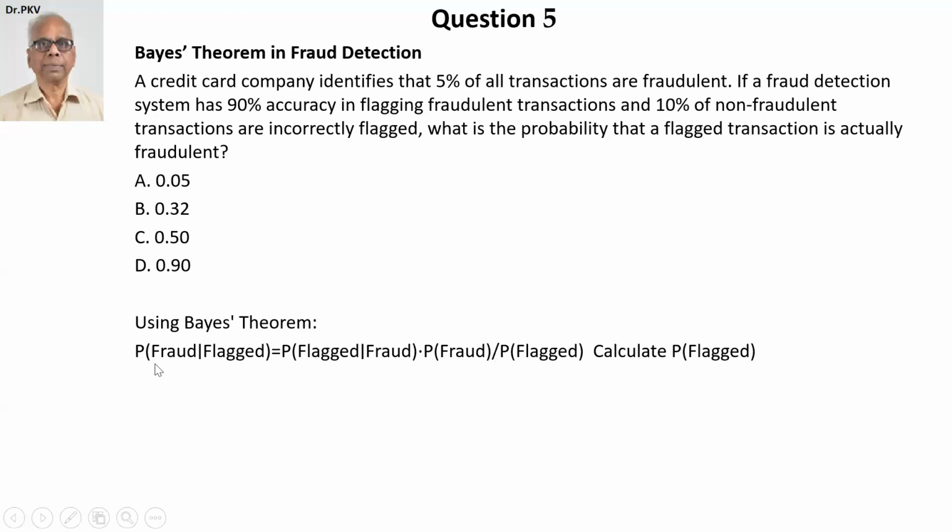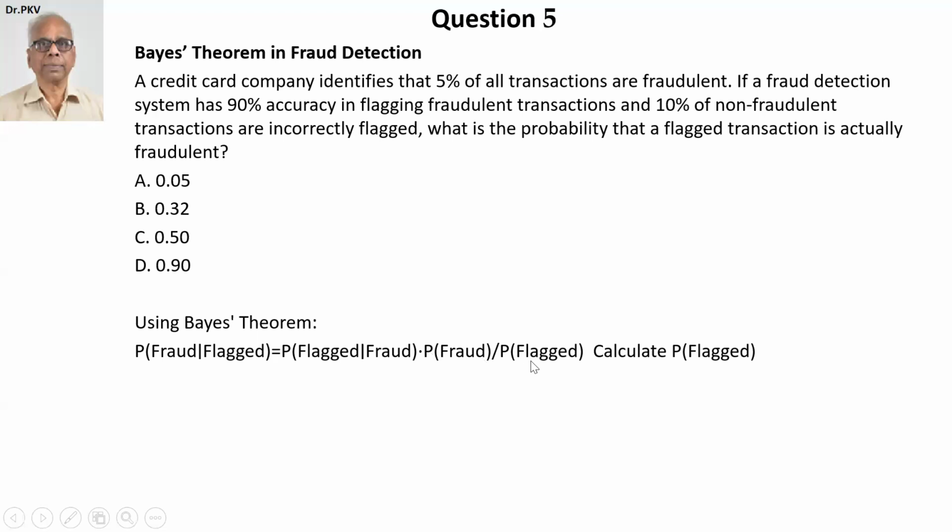If I expand this left-hand side, the probability of fraud given flagged is equal to the probability of fraud and flagged divided by the probability of flagged. The denominator is the probability of flagged using conditional probability. But the probability of fraud and flagged, I can write as the probability of flagged given fraud times the probability of fraud.